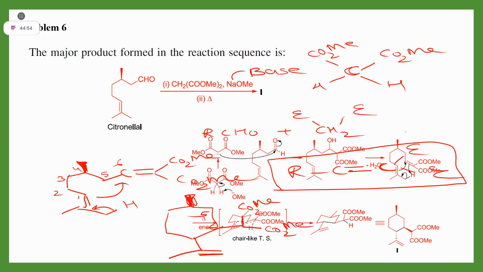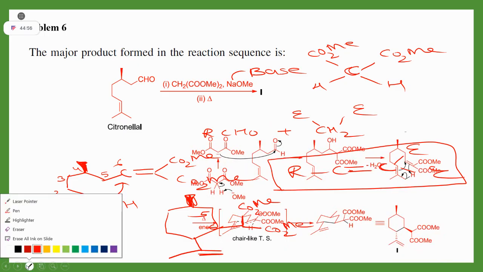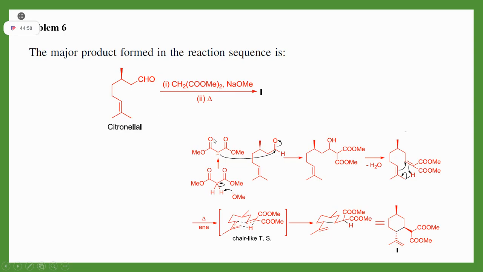So this is the mechanism. Let me erase my part. Now see, first sodium methoxide is your base that is going to abstract active methylene protons. Then this negative charge generated is going to attack the carbonyl of your aldehyde. Then reaction will take place and it will form this type of compound.